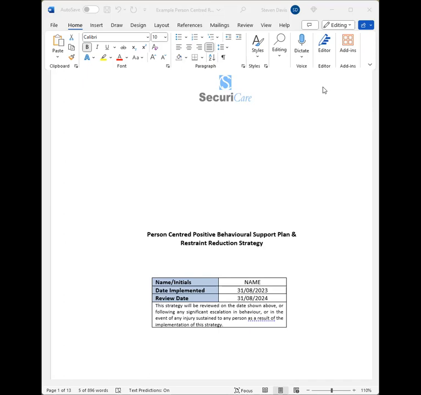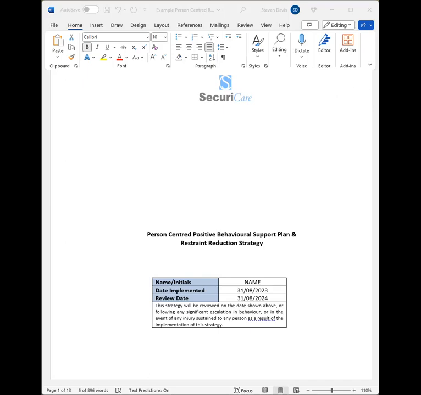So we have a known event, and then we have the unknown events or the unplanned events. So the idea is we have the plan, so we know what to do, and we're all working towards the same principles of keeping this individual safe and trying to reduce the escalation to avoid any restraint strategies or restrictive strategies that may need to be used.